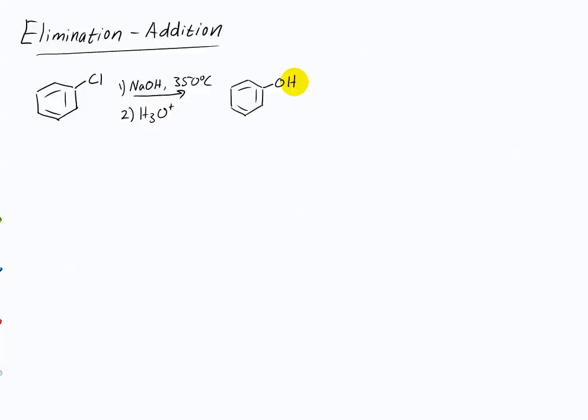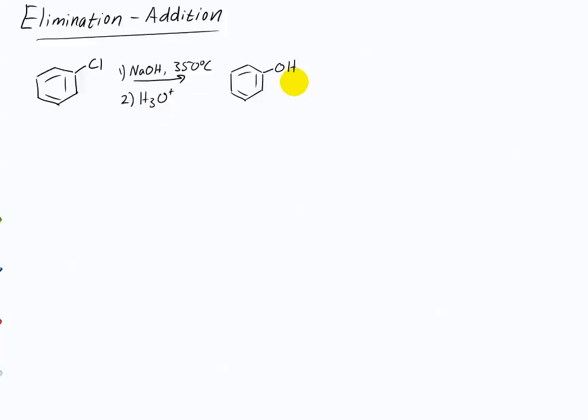And you can do this with other types of strong bases too. But some weird things start to happen because it's not exactly substitution. So let's say we look at para-chlorotoluene. And instead of sodium hydroxide, we're going to use sodium amide, which is a strong base, in liquid ammonia followed by water.